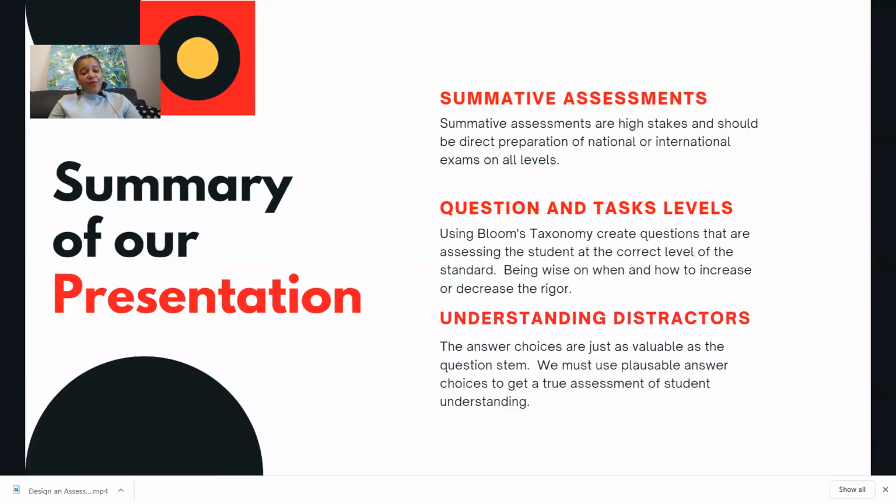Just a summary of our presentation. We talked about our summative assessments. We talked about question and task levels. We also talked about understanding distractors. And it has been a very long presentation, and I appreciate the fact that you're going through it. Remember that marathon analogy I gave you very early in this presentation?